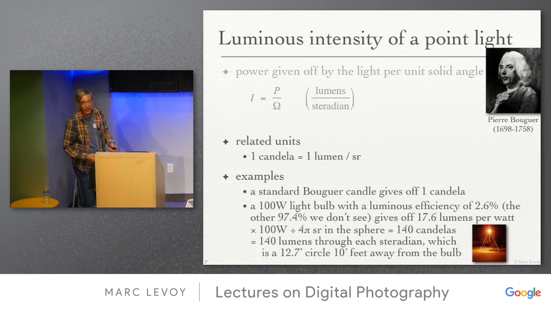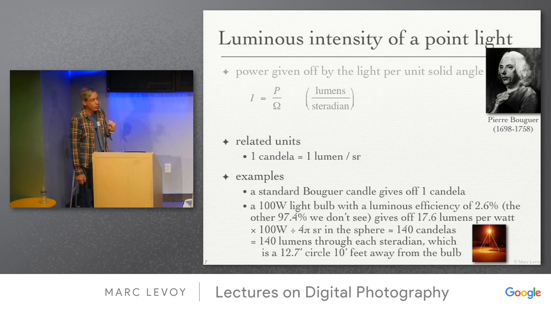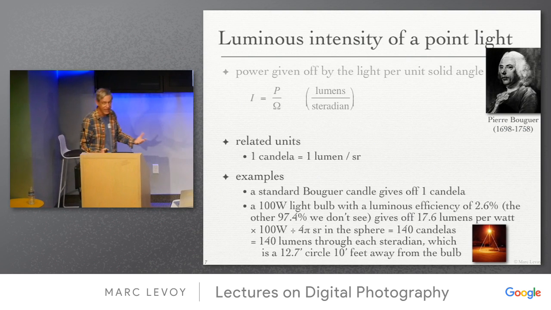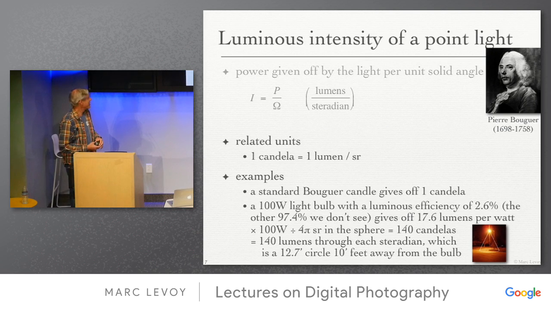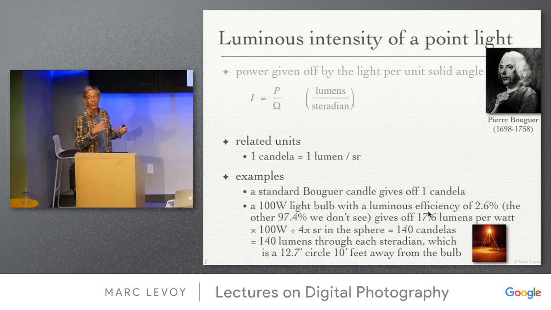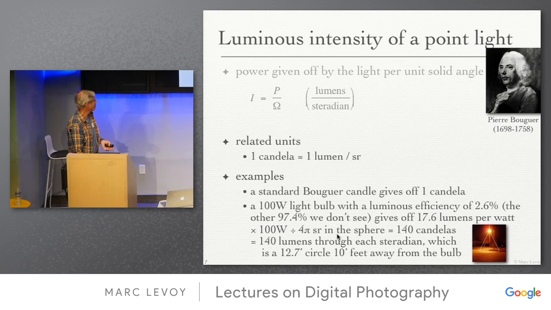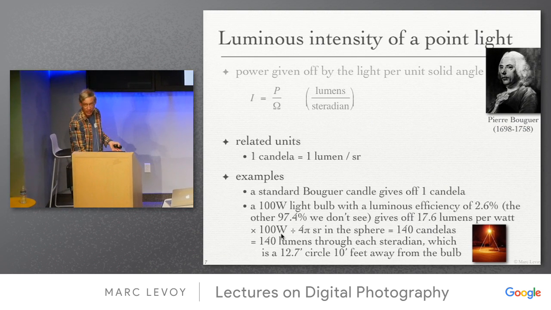Here's some examples. A standard 100-watt light bulb has a luminous efficiency of 2.6%. That's terrible. The rest of the radiation given off is mainly heat. The other 97% we don't see. It gives off 17 lumens per watt. So you multiply that by 100 watts, that's 1700 lumens.